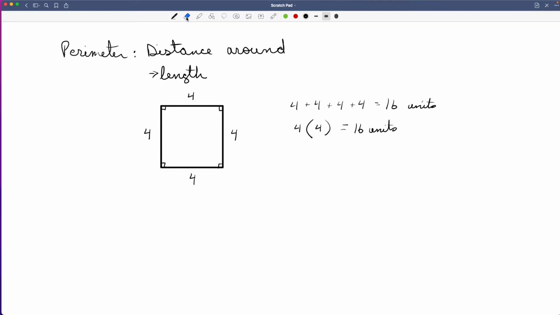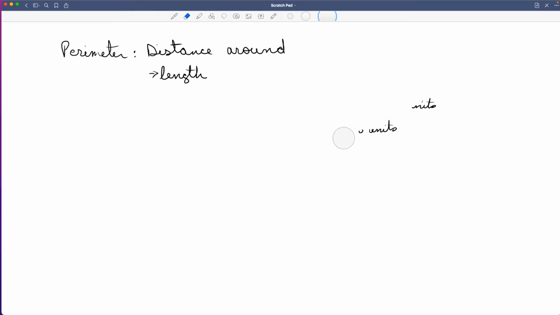All right, so let me put in our measurements. All right, here are the units or the lengths around the shape.